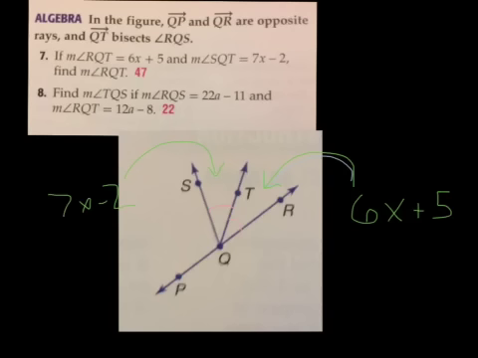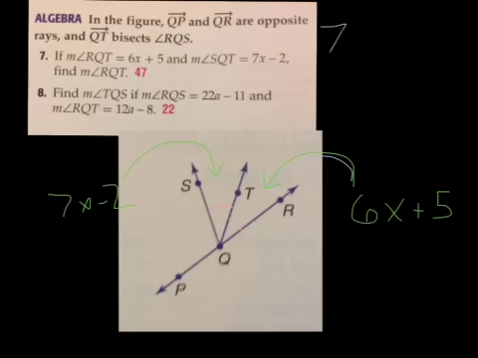They want us to find the measurement of angle RQT. So they're telling us to find this RQT here. Okay, I've labeled all my information. Now let's see if I can set something up that's going to help me. I know that I have these two congruent angles, and I also know what each of these angles is. Since congruent means that they have the same measure, we can take both of our angle measures and set them equal to each other.